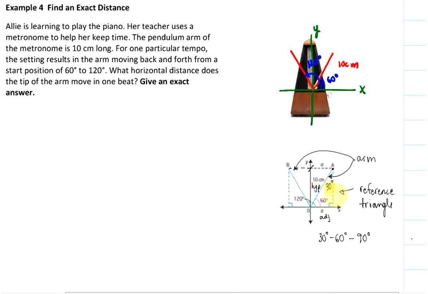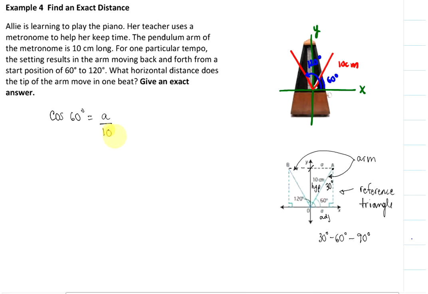Okay, and so if I want to find out what A is, the trig ratio that uses adjacent and hypotenuse is the cosine. And so I'm looking for the cosine of 60 degrees, which is the adjacent, which is A, over the hypotenuse, which is 10.